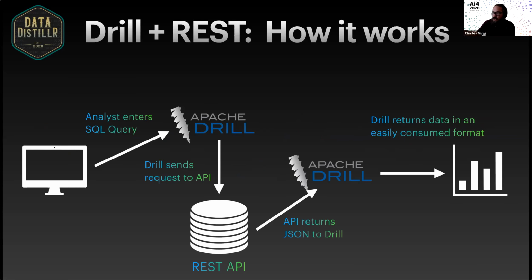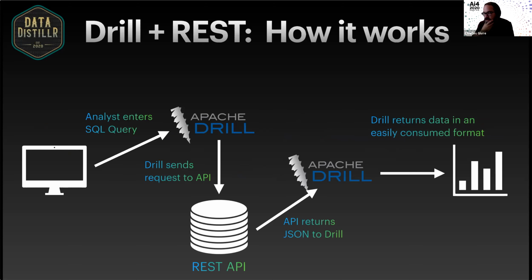So how this works: if you're not familiar with Drill, Drill is an SQL engine for self-describing data sets. Basically it can act as a data abstraction layer so that an analyst can enter an SQL query, and Drill can interpret that SQL query, transmit it to an appropriate storage system or file system, read the results, map those results back to a table, and then return those results in an easily consumable format.